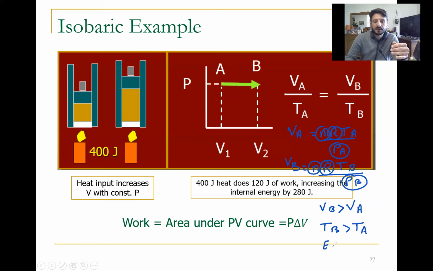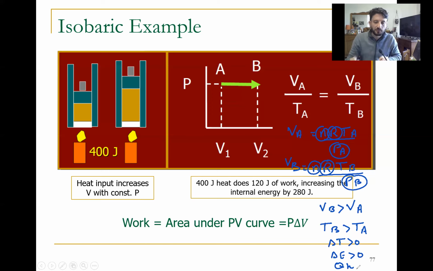So delta T is positive, so delta E is positive. If delta T is positive, delta E is positive. If delta E is positive, we must have Q hot.